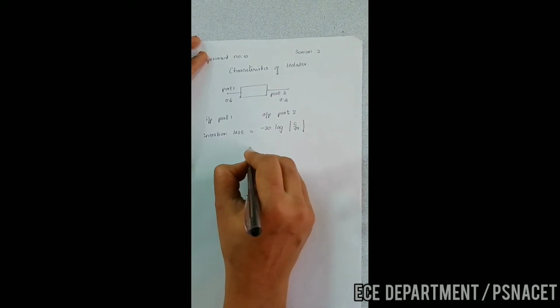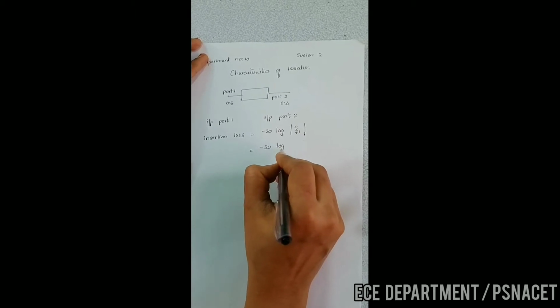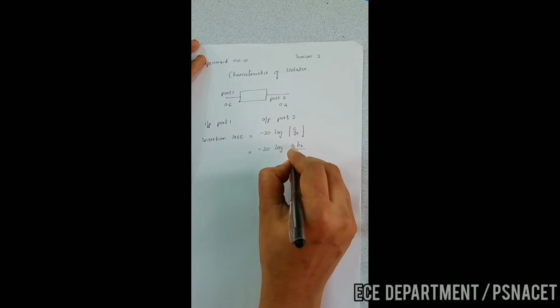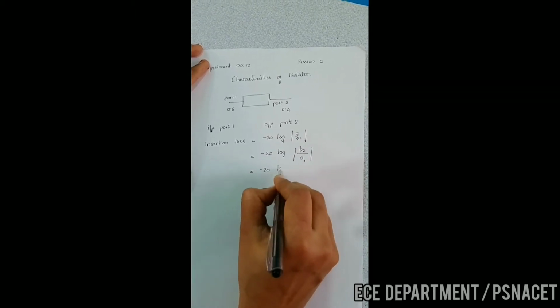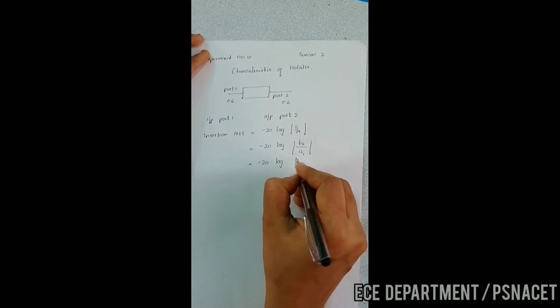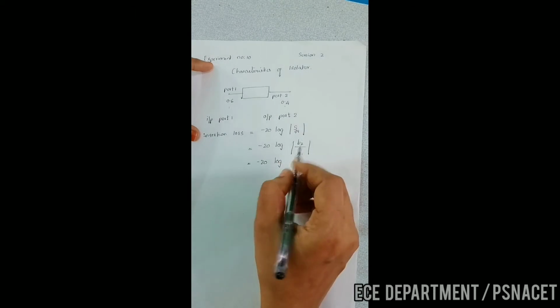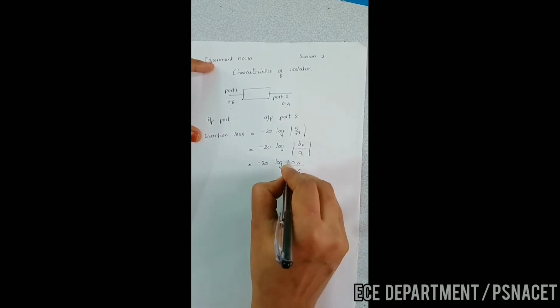Now we just have to substitute the values. Minus 20 log B2 divided by A1, that is output divided by input. That is equal to minus 20 log, we obtained the output as 0.4 for the input 0.6, so 0.4 divided by 0.6.